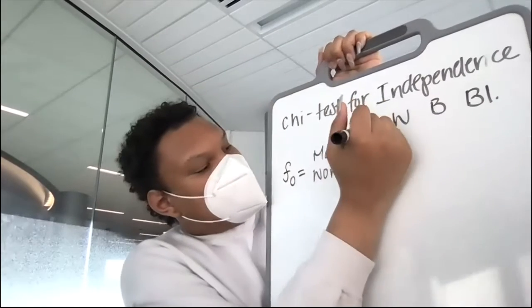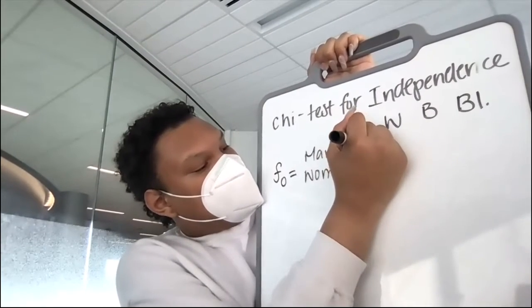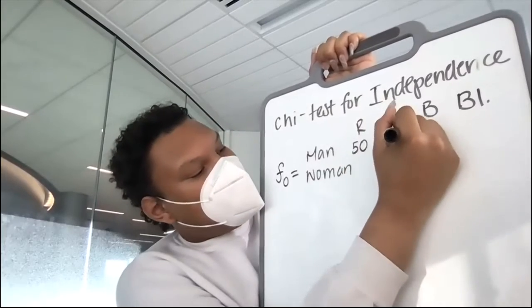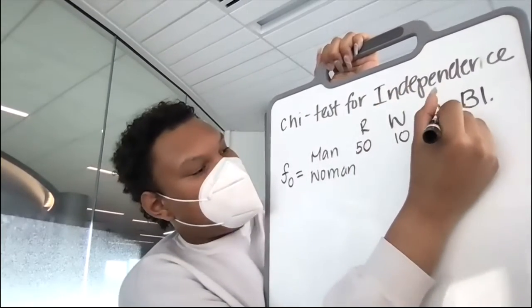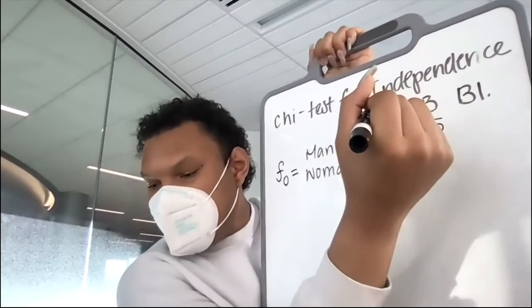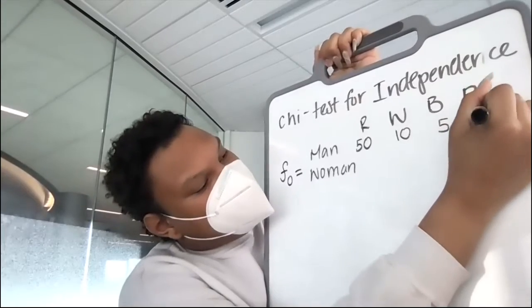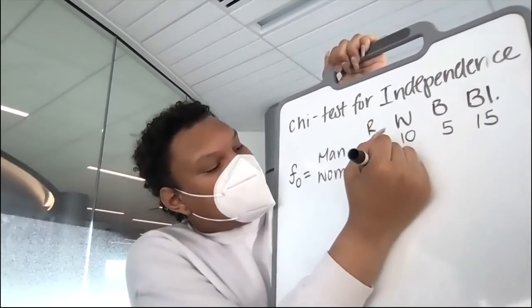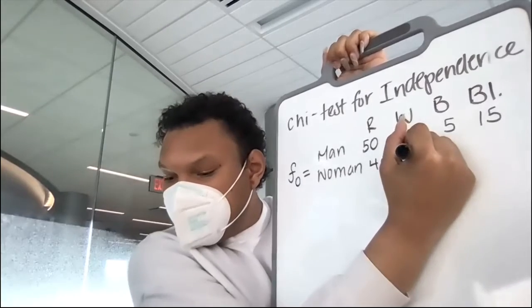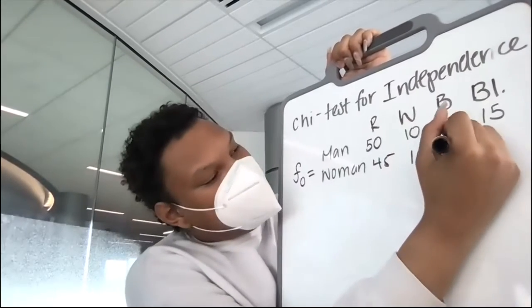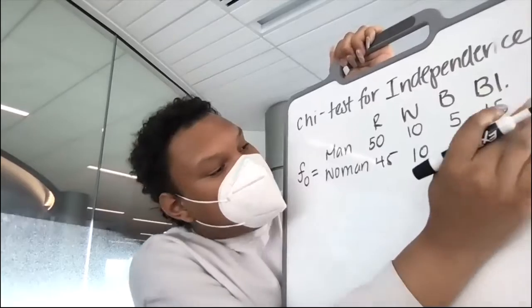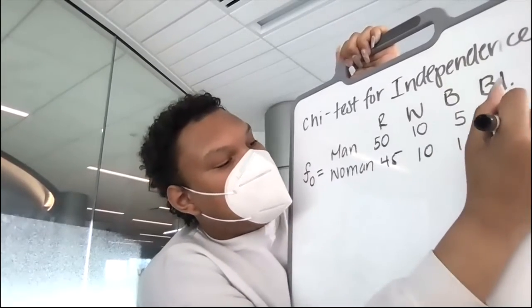The data provided says that for red cars and men, 50 people were stopped, white cars, 10, black cars, 5, and blue cars, 15. For women, 45 red were stopped, 10 white were stopped, 15 black were stopped, and 10 blue were stopped.